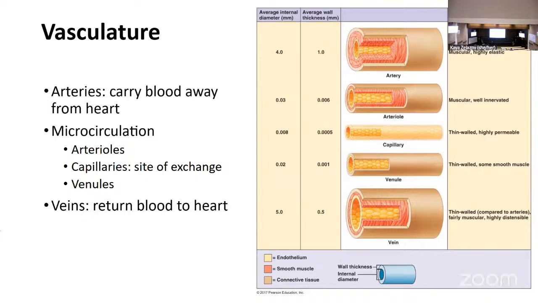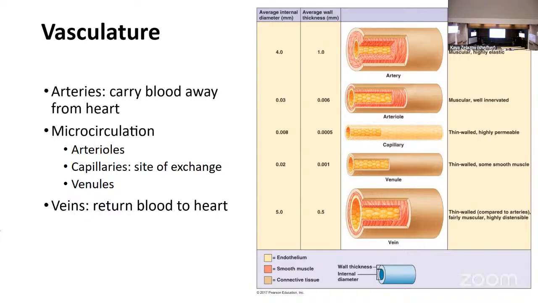A for away, arteries go away. And then we have a series of splits. So our large arteries split, give us some smaller arteries, continue splitting again and again. We get to our microcirculation. So that's the part that's not visible to the naked eye.